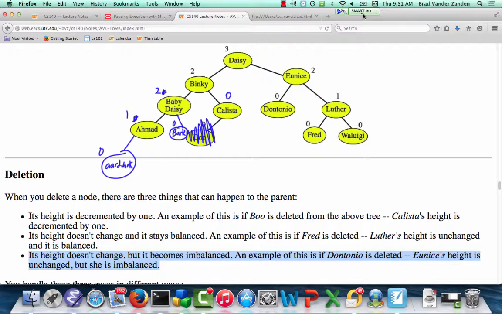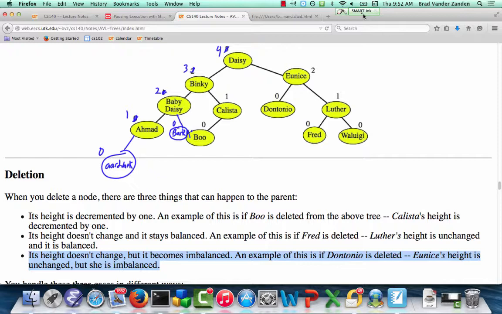Yes. 3, 4, and yes, that is still a... So what I have there is in fact an AVL tree.